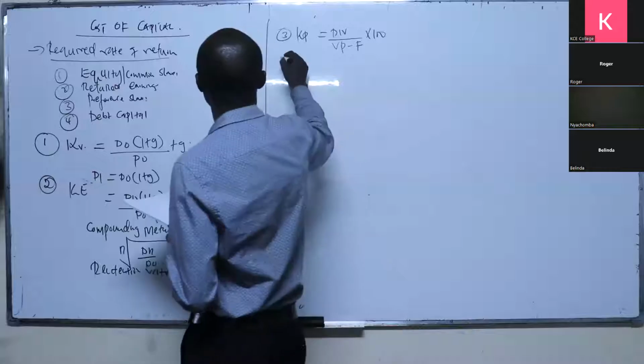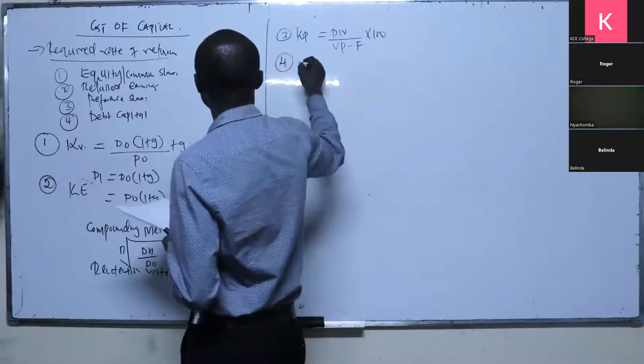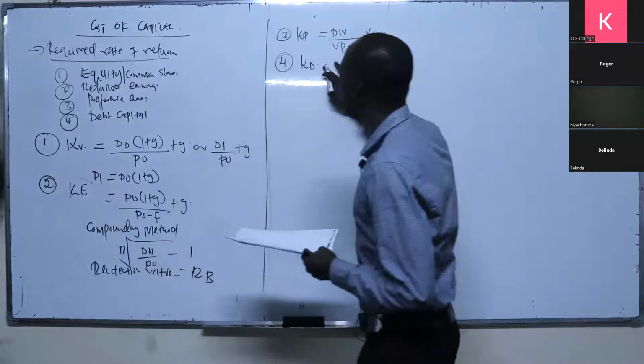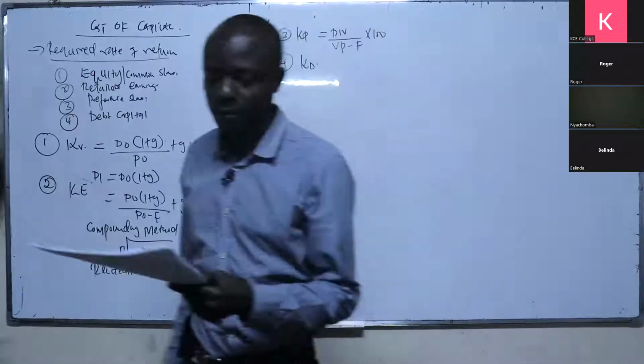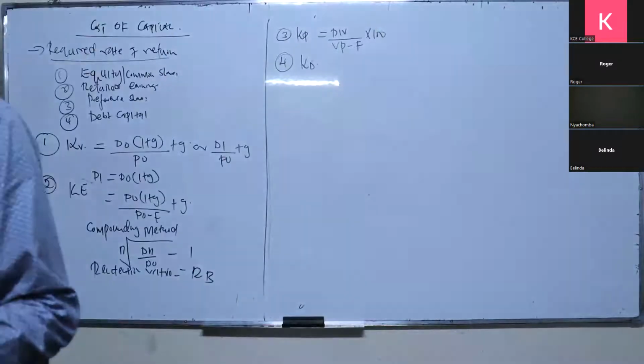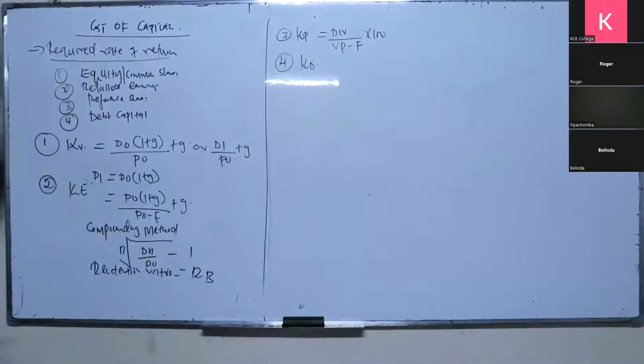And then number 4, we have the cost of debt. We call it KD. We have 2 kinds of debt: cost of debentures, stock bonds. When you check your handouts, you go to the cost of debentures, stock bonds, stock debt. Debentures, according to what we have, can be classified into 2.